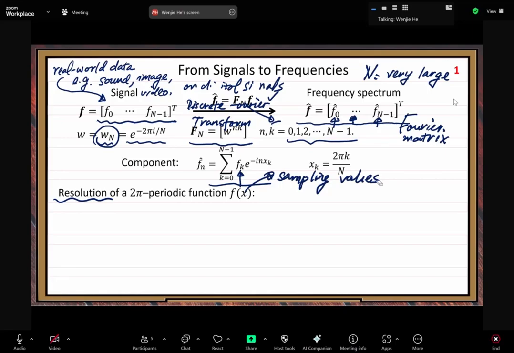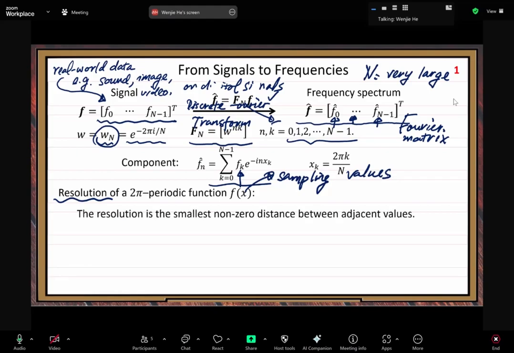When you take sampling values, how many sampling values do you take in each interval, in one period interval? That number is related to the resolution concept. Here, the resolution is the smallest non-zero distance between adjacent values.